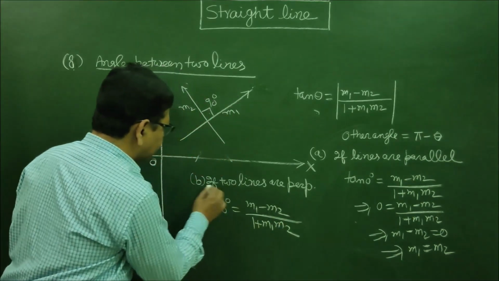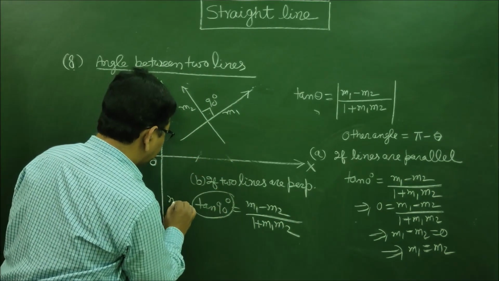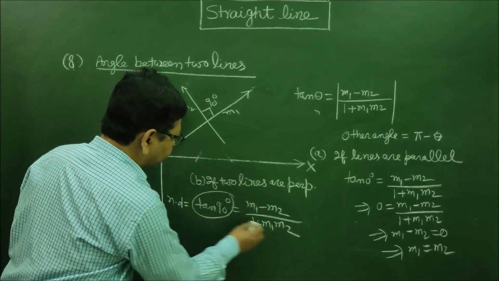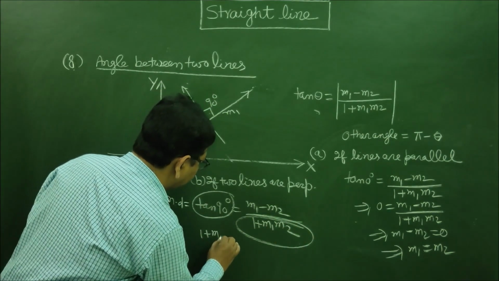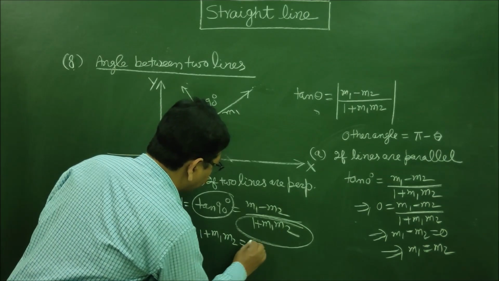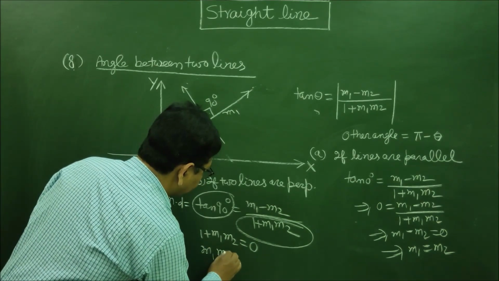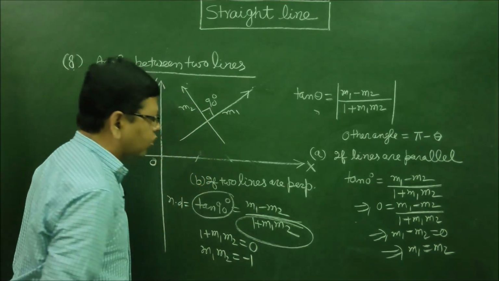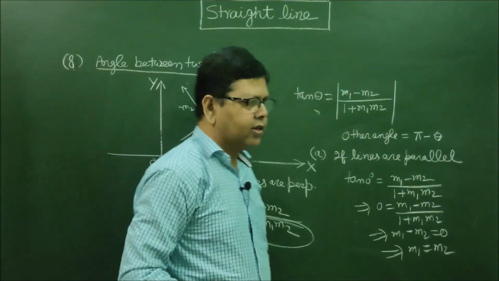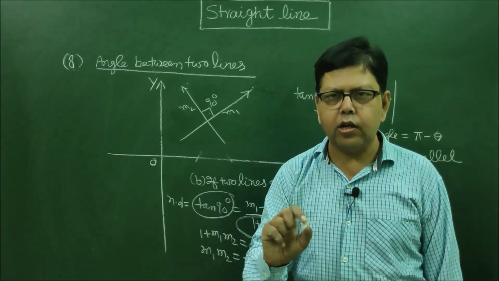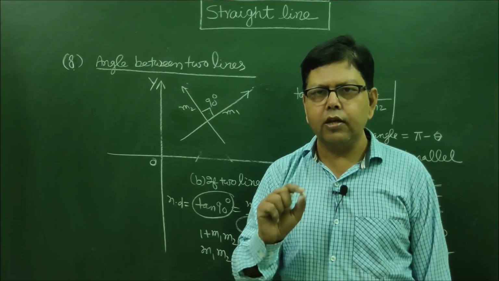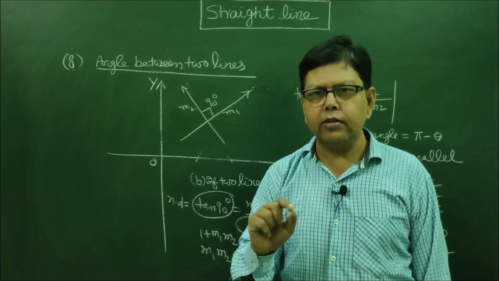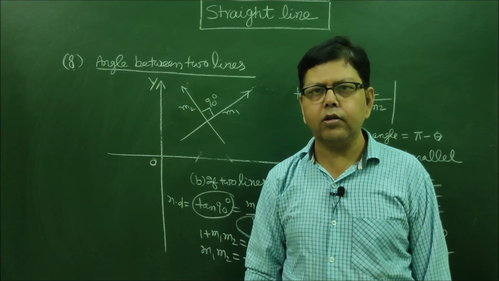So tan 90 is not defined, and this happens when the denominator is equal to 0, that is 1 plus m1 into m2 is equal to 0, or m1 into m2 is equal to minus 1. So if we know the slopes of two lines and their slopes are equal, then the lines are parallel, and if the product of their slopes is equal to minus 1, then the lines are perpendicular.